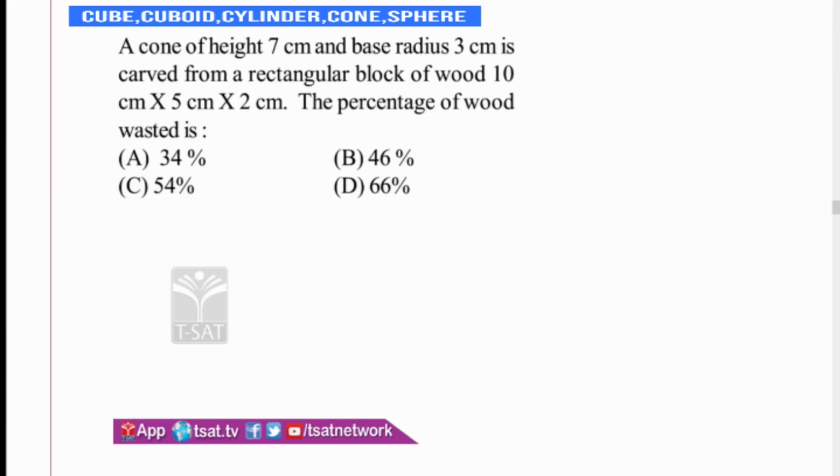We just need to find out first the percentage of wood used. Volume of cone will be the numerator, divided by the volume of the cuboid, that rectangular block, into 100.